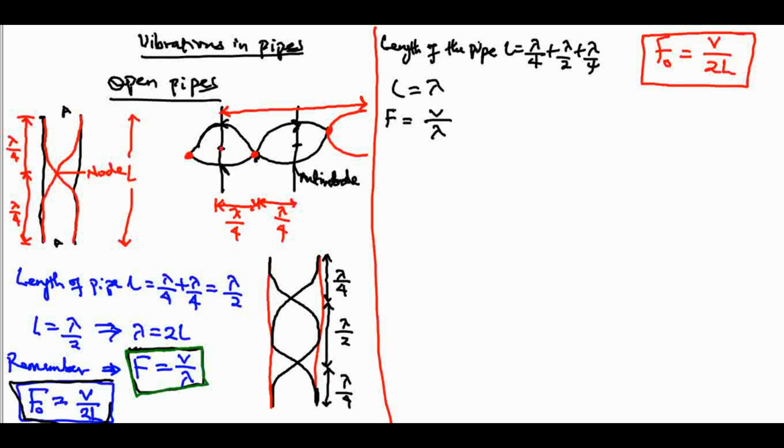Okay, in terms of L, it's going to be that F is equal to V over L, because we are giving our values in terms of L. So it means that for the higher configurations, the frequency F, not F naught now, is going to be equal to V over L, and that also deserves to be in a red box.